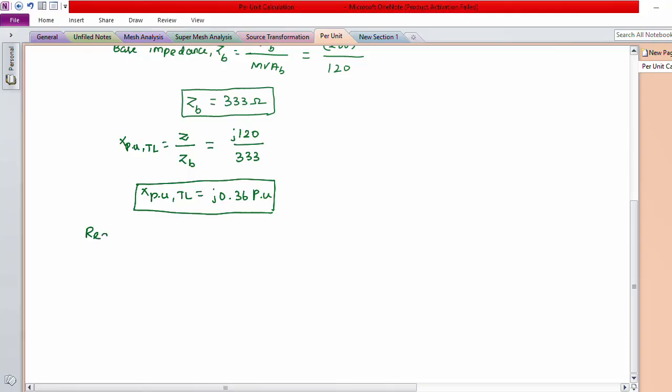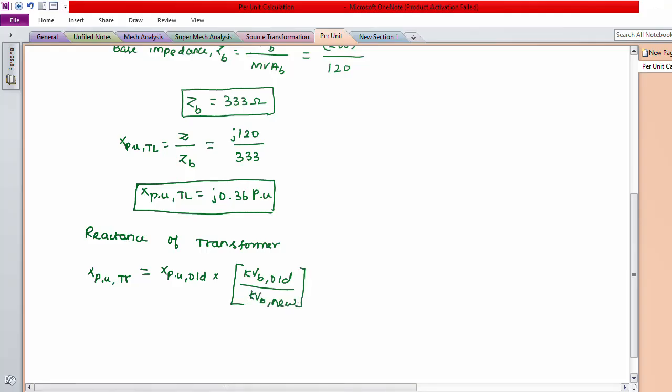So the reactance of the transformer is, the formula is X per unit transformer is equal to X per unit old into KVB old divided by KVB new, the whole squared, into MVAB new divided by MVAB old.